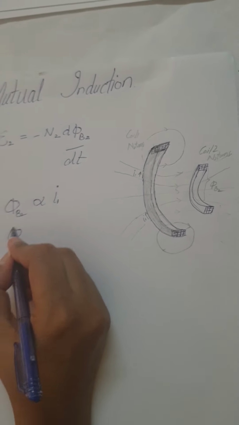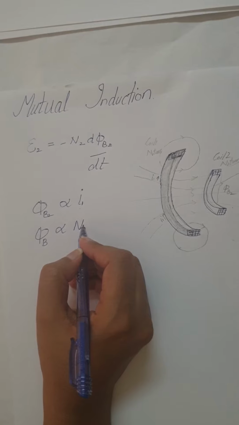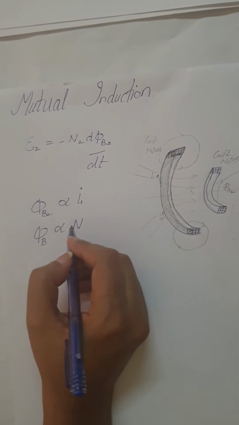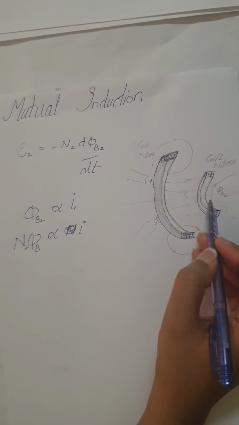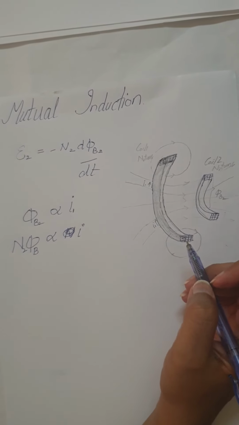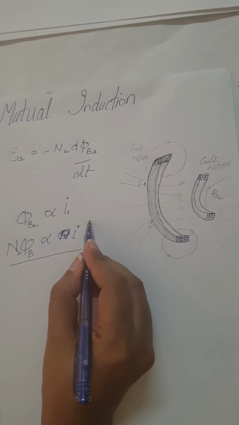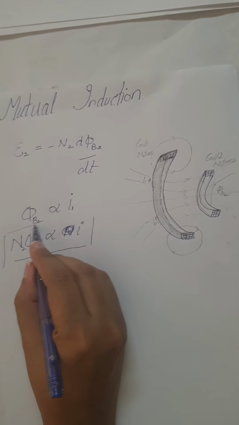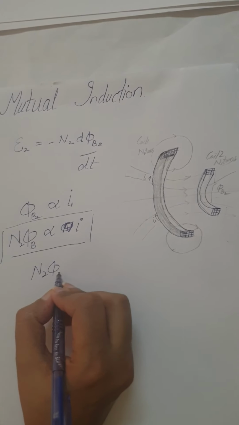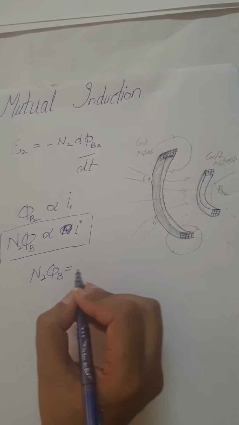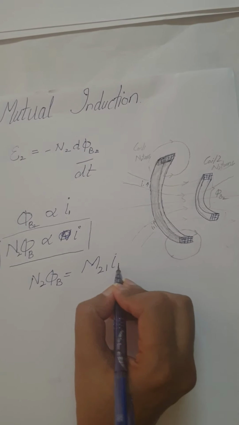So N2 phi B2 is proportional to I1, and we can use a proportionality constant here, represented as M21 I1.